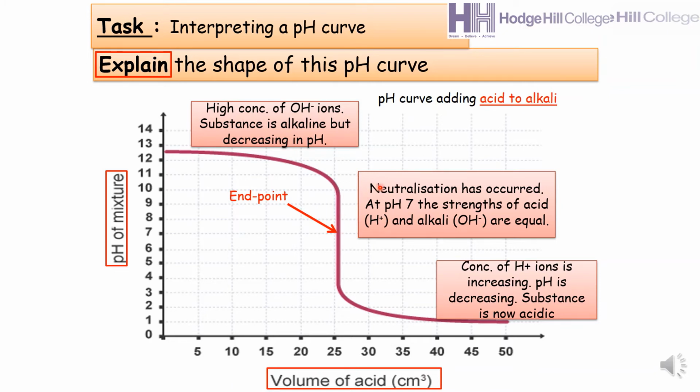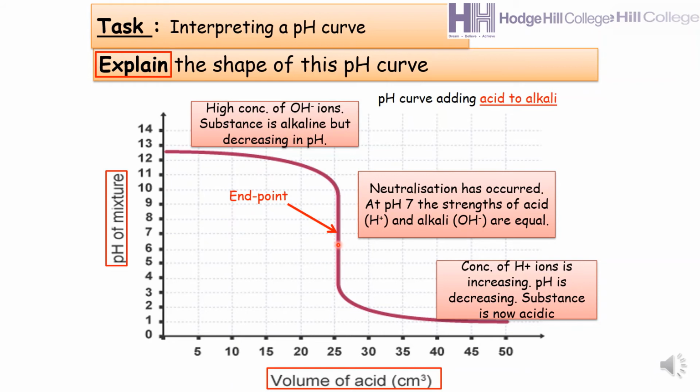Now, at the endpoint, neutralization has occurred. At pH 7, the strength of the acid and alkali are equal, so the H plus and OH minus are in equal concentration. So this is a particular endpoint. If the reaction carries on going, then you can see the concentration of our H plus ions is increasing. This is the opposite, remember?